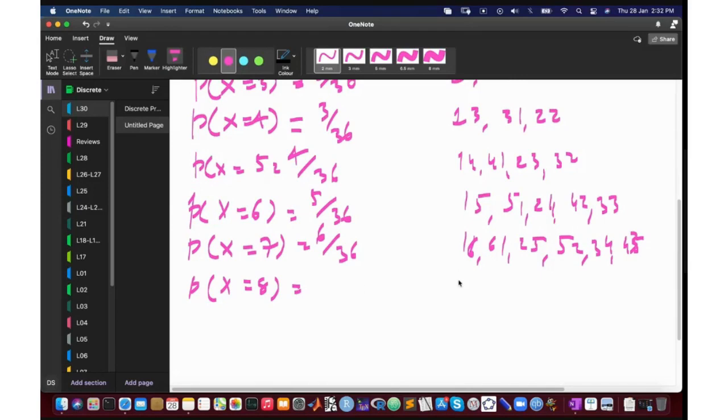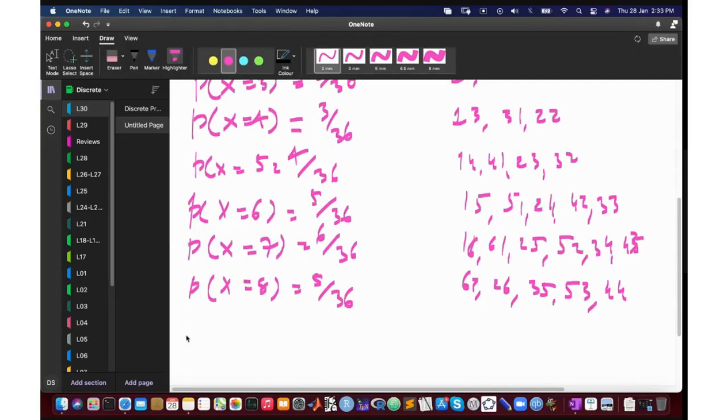It's okay. Because for 8, you can't get 1 7, right? 7 is not an option now. For 8, the options are 6 2, 2 6, 3 5, 5 3, or 4 4, which is 5 over 36.